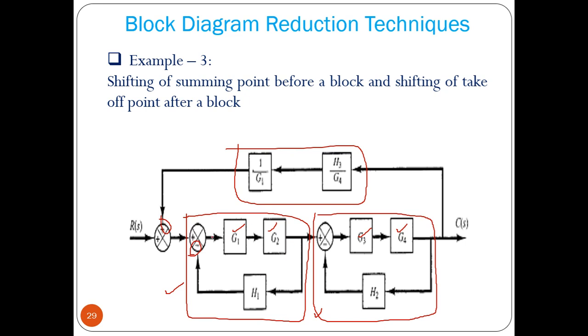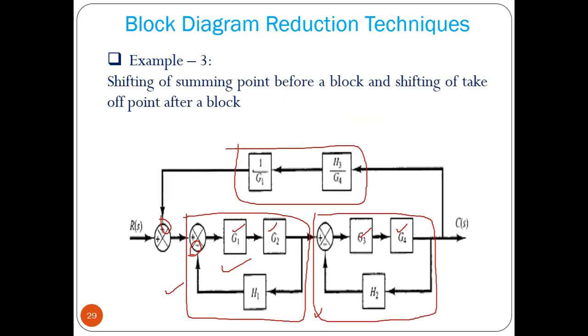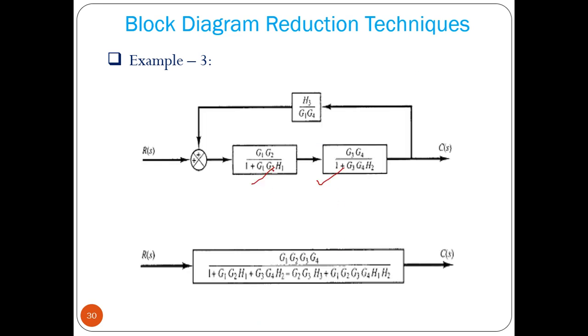So using this feedback loop, G1 G2 divided by 1 plus G1 G2 H1, and using this feedback loop, G1 G3 G4 multiplied, a series connection with that H2 negative feedback, we will get these two in series, we can multiply, then we can apply the formula G divided by 1 plus GH to find the total transfer function.